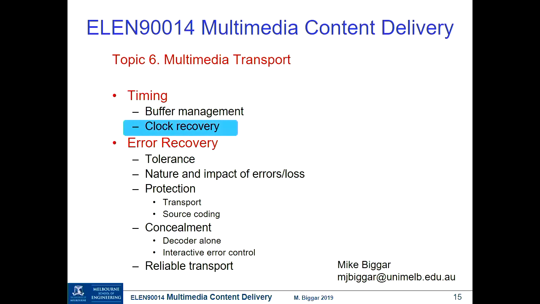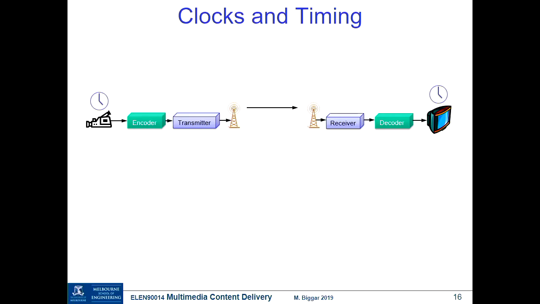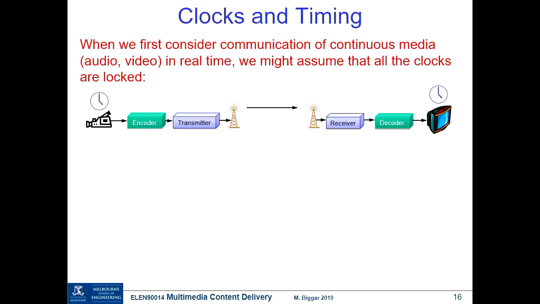Right, so let's talk a little bit about clocks, because from possibly before you started looking at this subject a few weeks ago, you might have considered the communication of continuous media like audio and video as being one in which just all the clocks are locked. It would be fairly straightforward.